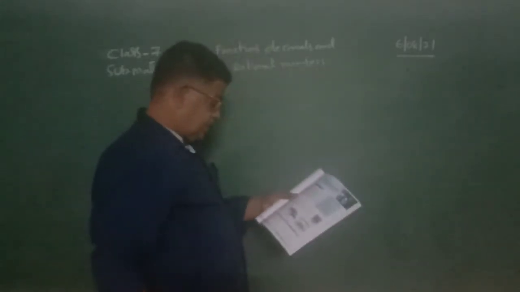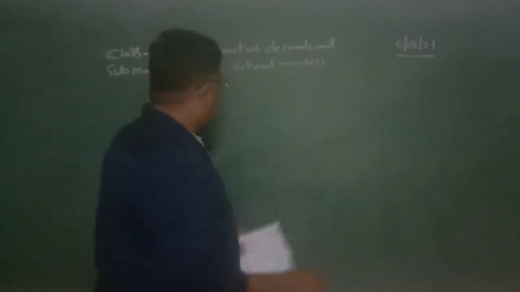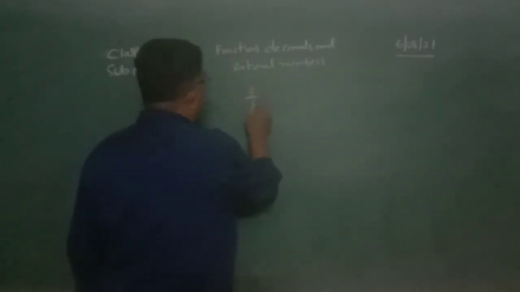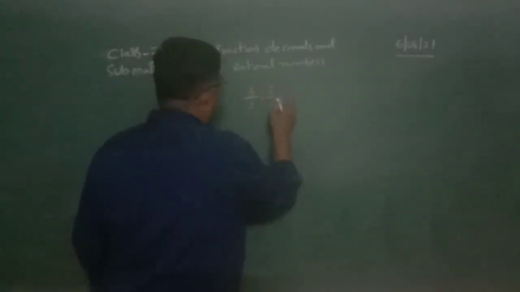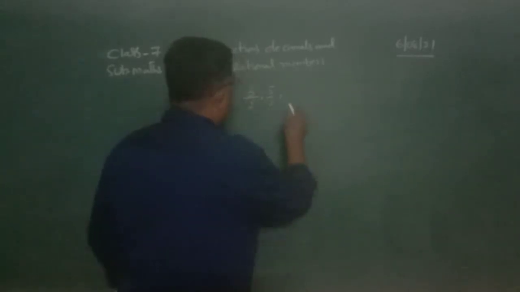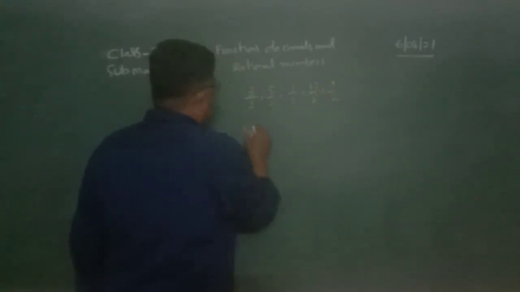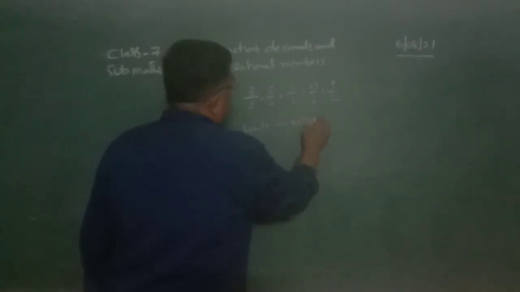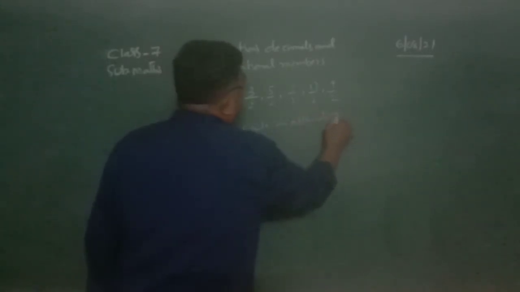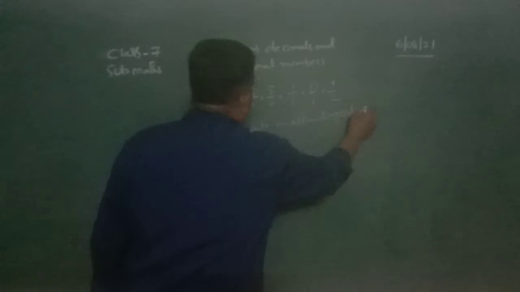Next, now I write 3 by 2, 5 by 2, 1 by 2, 17 by 2, 9 by 2. Write in ascending order. Ascending order means smaller to bigger fraction.